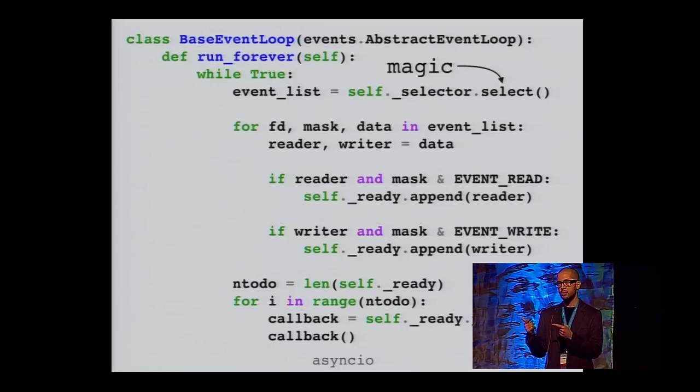We only want to run the callbacks that were ready when we reached the top of this loop. Any callbacks that they register and add to the ready queue will have to wait until we've reached the next iteration of the whole event loop. And this guarantees certain things about scheduling and starvation that async IO wants to guarantee. But we don't actually have to understand all that.